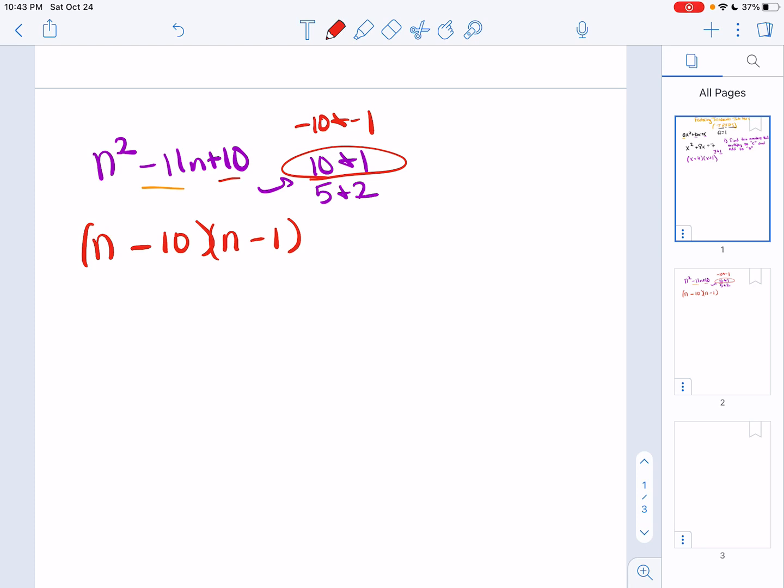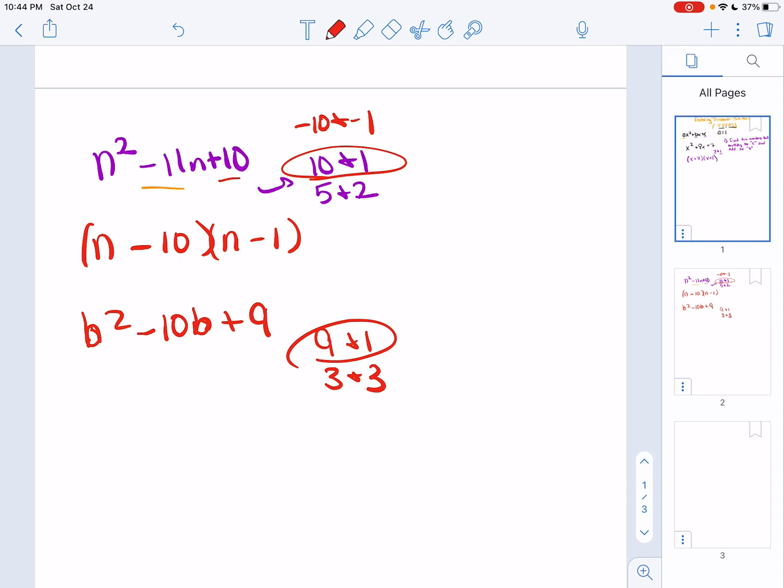Alright, the next one. Okay. Let's do b squared minus 10b plus 9. Alright, same deal. Two numbers that multiply to 9 and add to negative 10. Well, the only factors of 9, we have 9 and 1, and 3 and 3.